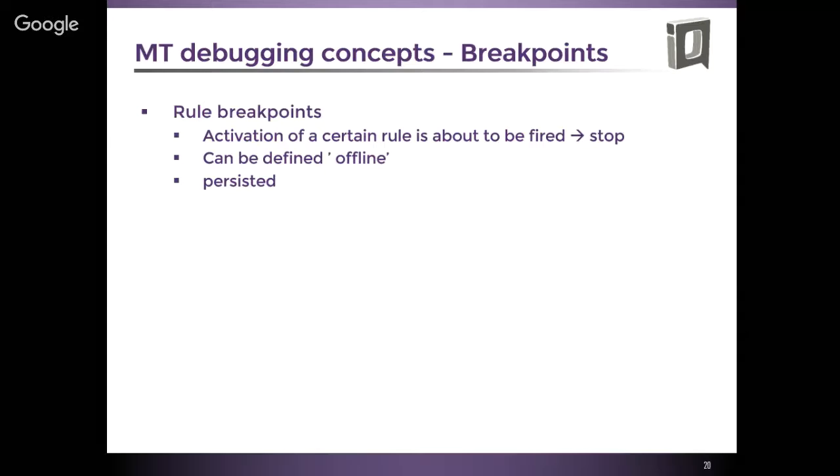So, for example, if an activation of a certain rule is about to be executed, then the transformation is stopped, and the user can define whether they should step or continue the transformation. These breakpoints can be defined in an offline manner, meaning that the debugger tooling doesn't need to be connected to any actually running model transformation, because these breakpoints can be persisted through actual debugging sessions.